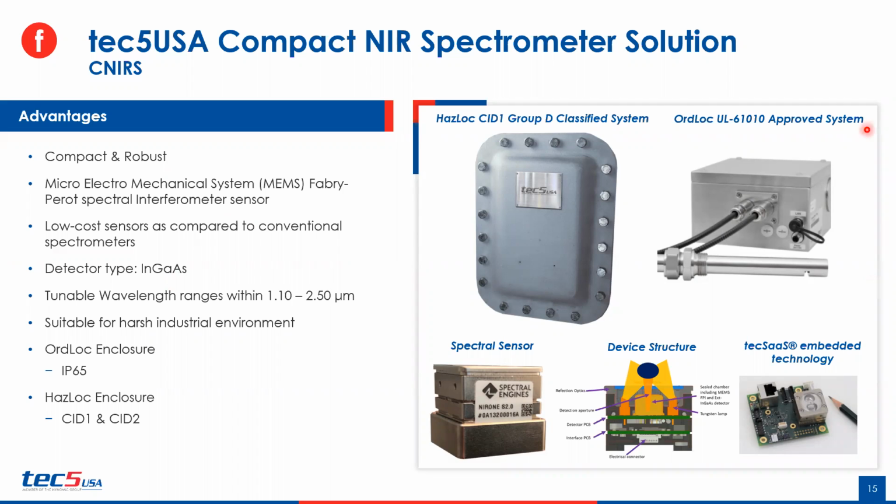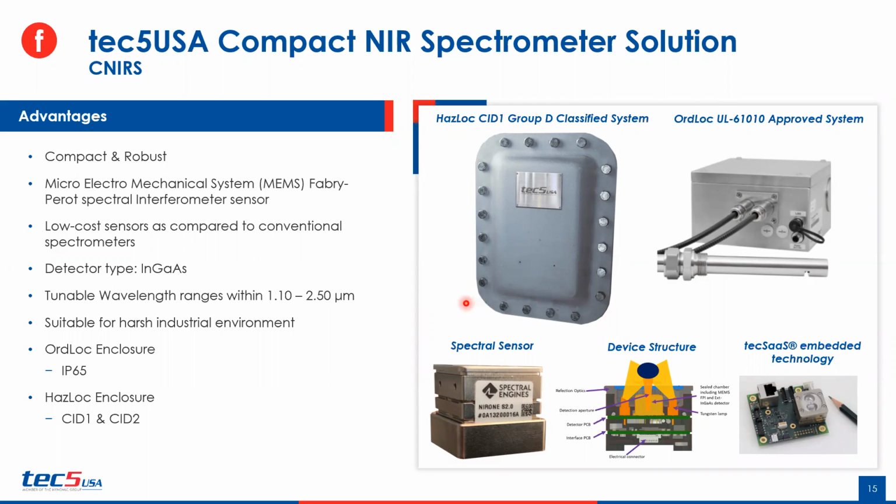And these devices here, as you can see, are very suitable for a harsh industrial environment. So looking on the left-hand side, you can see the Class 1, Division 1 classified system for hazardous locations.